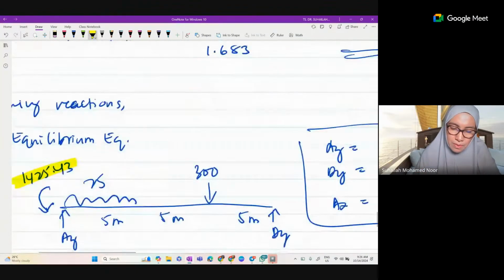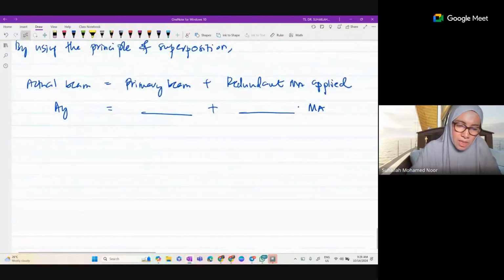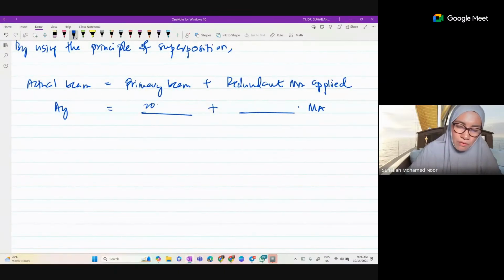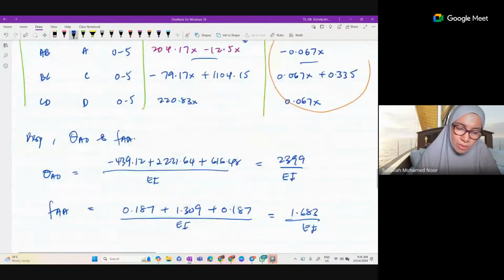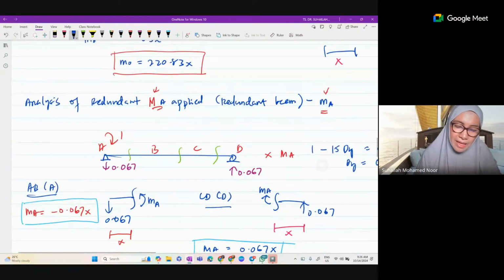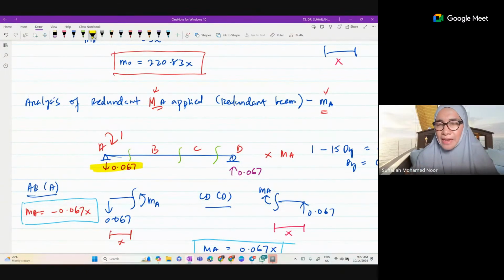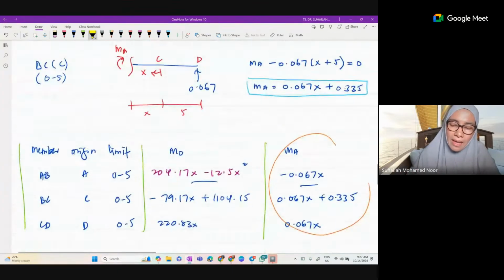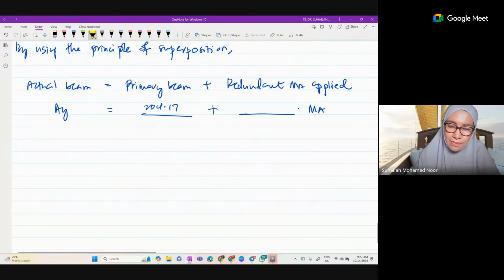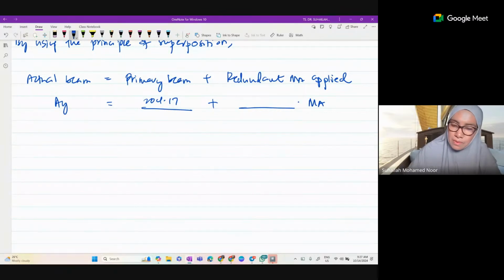So sini 204.17 and AY in redundant beam yang negatif tadi tu. Negative 0.067 is AY in redundant beam.